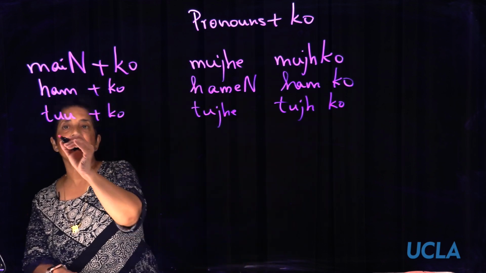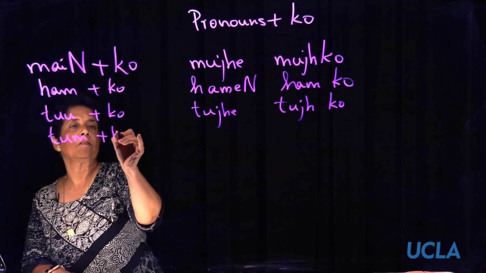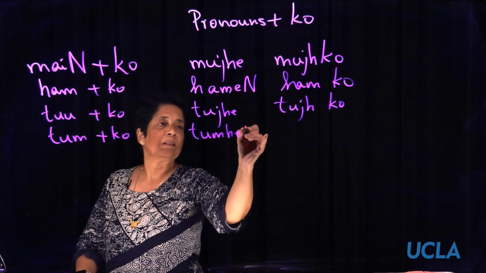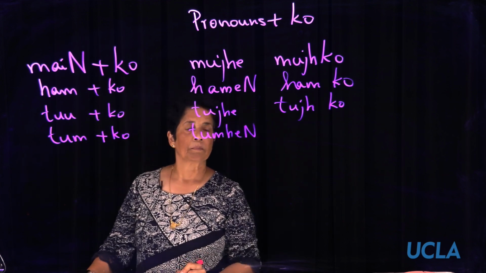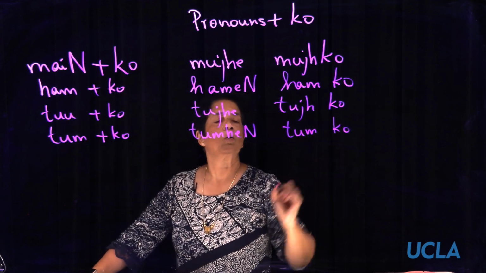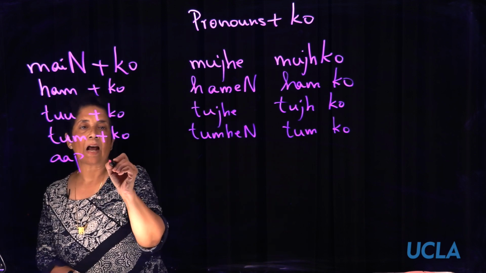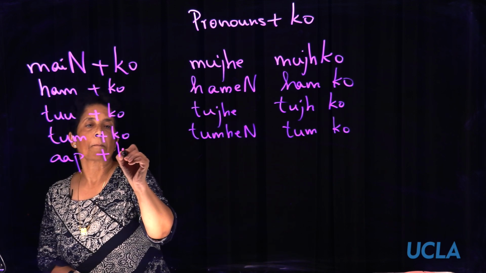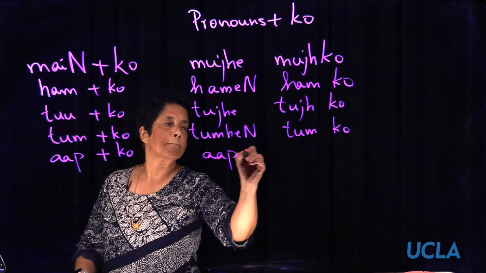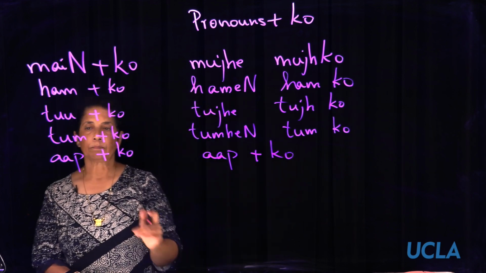If you have tum plus ko, you'll get tumhe and tumko. With aap, you'll get aap ko, and you have only one form.